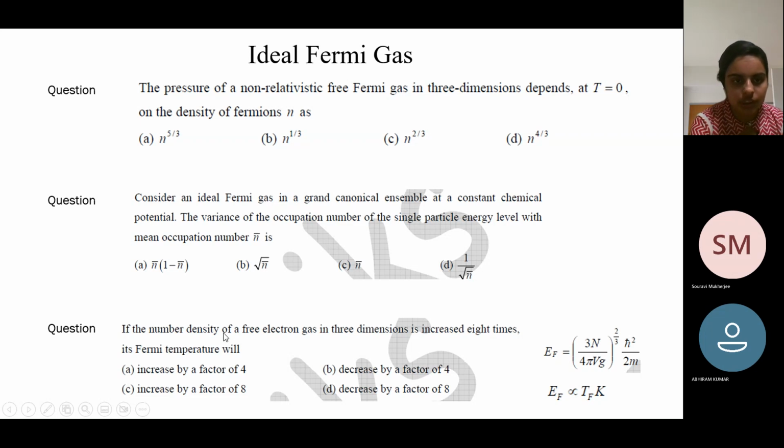So if your number density is increased 8 times, how much does your Fermi energy increase? Fermi temperature is proportional to Fermi energy, so it would increase by the same amount. So you have to use this relation. Can you tell me, if the number density increases 8 times, how much does the Fermi energy increase?